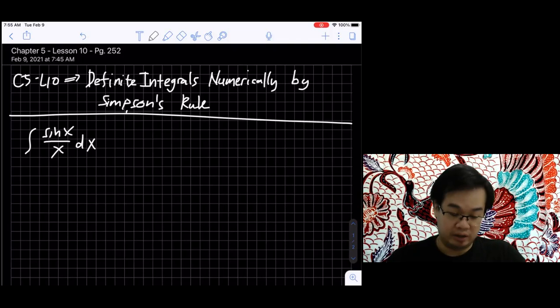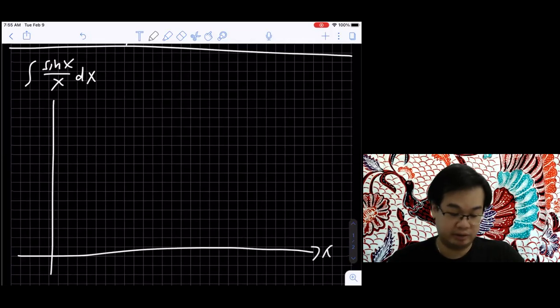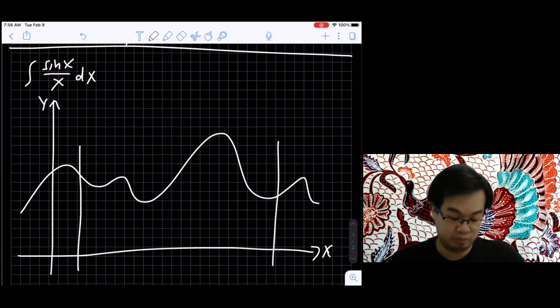Okay, so I'll give you an example. Let's say this is the x and y axis, and I have some random function here, and I want to evaluate from x equals a to x equals b.